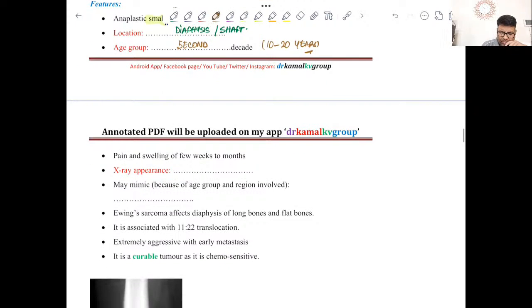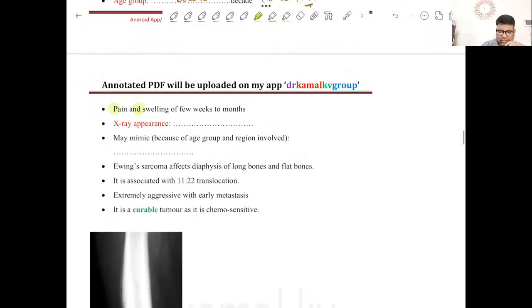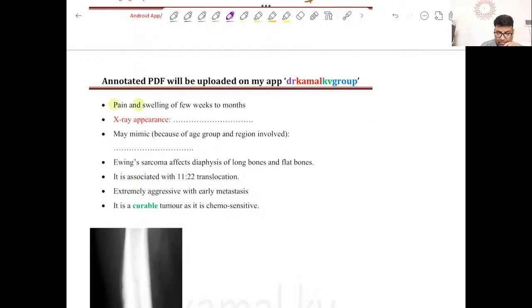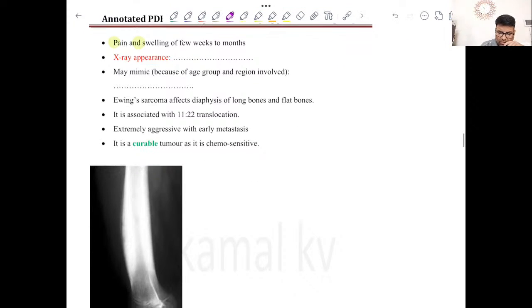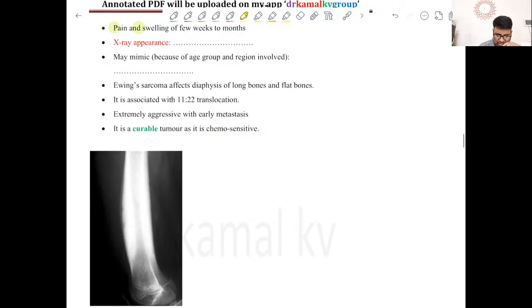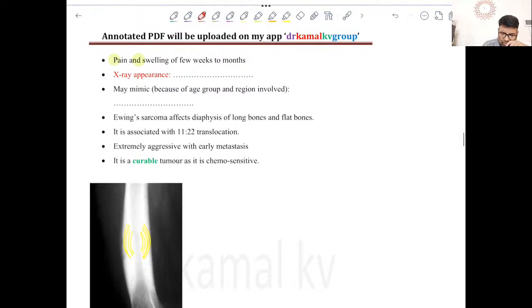Again, the patient will have pain, swelling around the knee joint specifically, or in the lower part of the thigh. And the X-ray, although not very classically seen every time, you can think something like this. This is the onion peel appearance. Theoretically it's quite easy to say, but radiologically it is not seen every time.